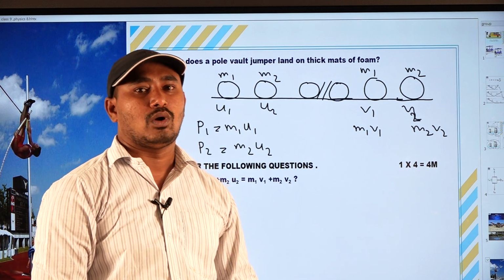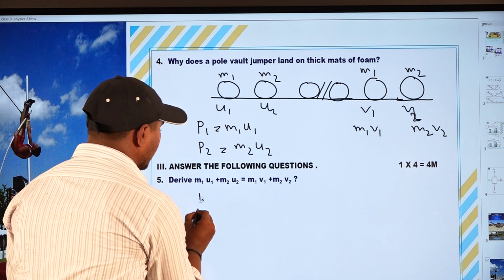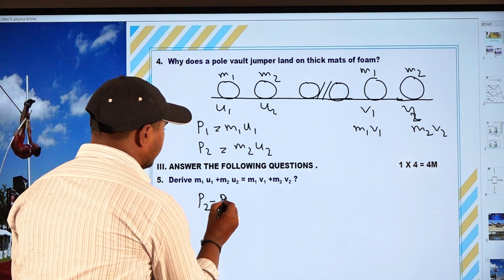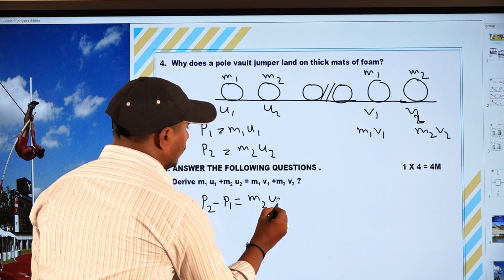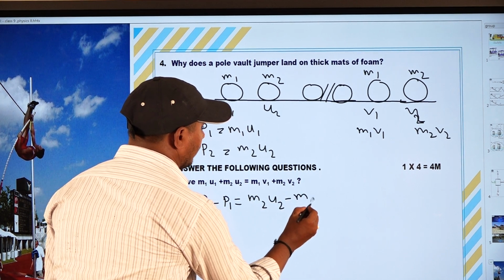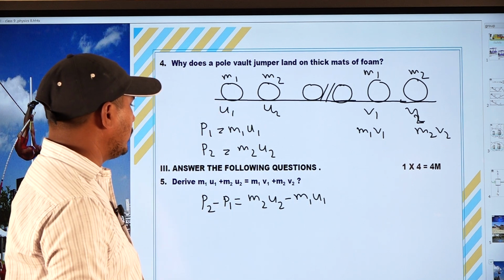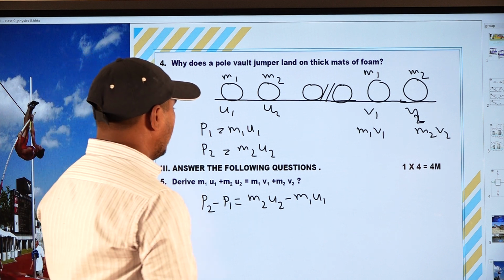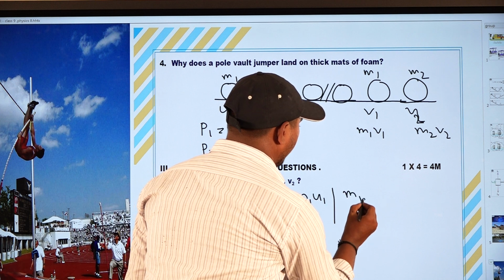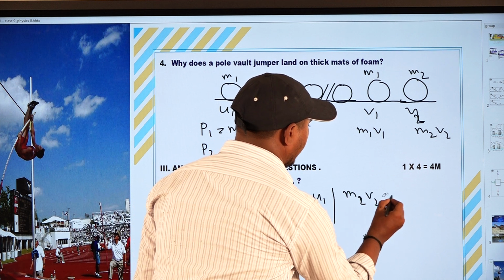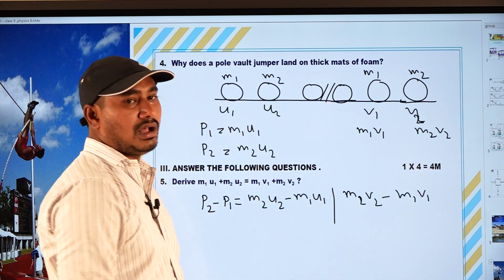Now we have to find the rate of change of momentum. First, the change in momentum is p2 minus p1, which is m2 u2 minus m1 u1 before collision, and m2 v2 minus m1 v1 after collision.